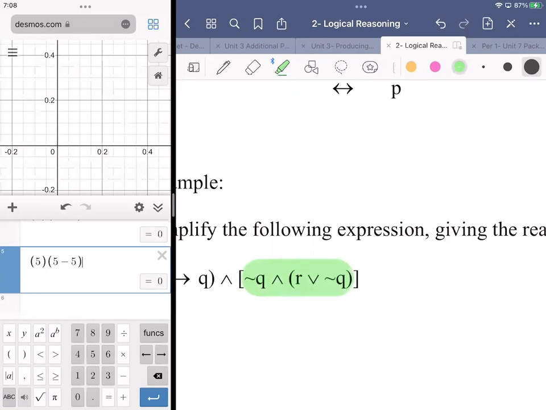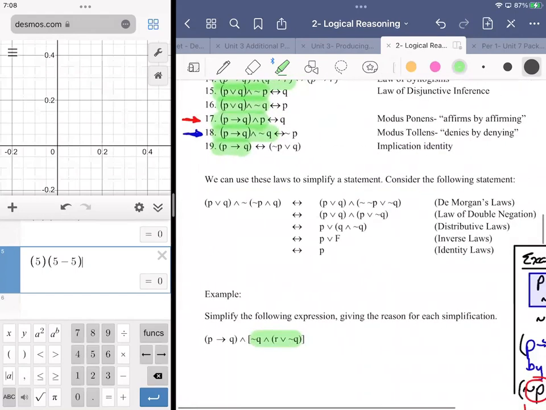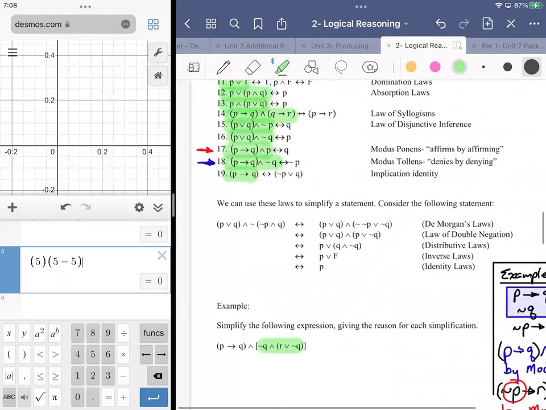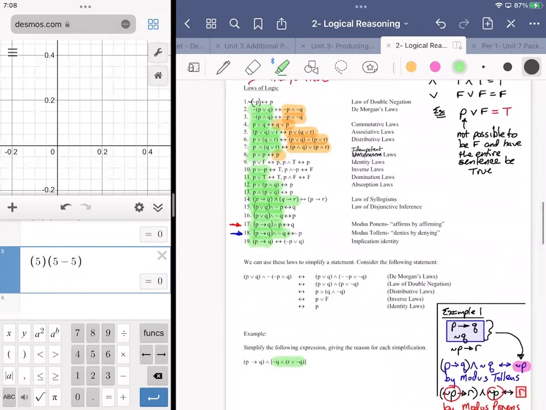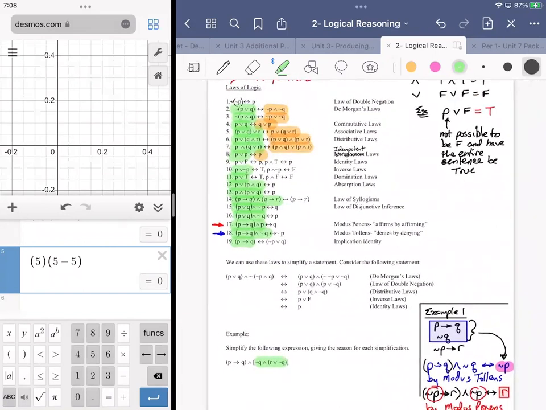So I want an and and an or in the same expression. We're in the neighborhood of associative laws, distributive laws, things like that. I just have to find the one that matches. So I'm looking for one that has a mixture of the and and the or symbol.